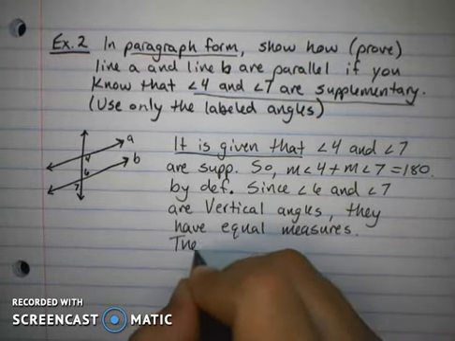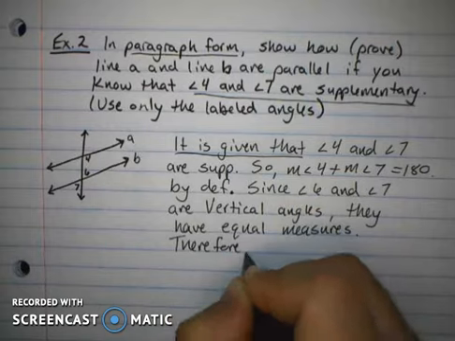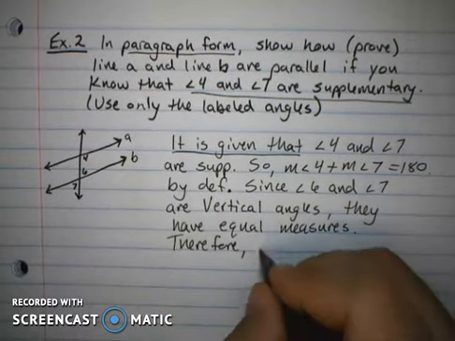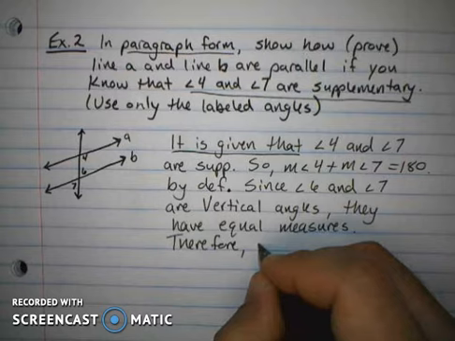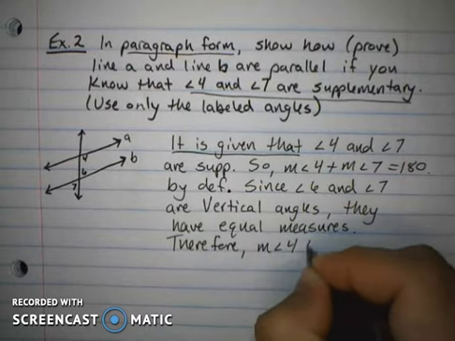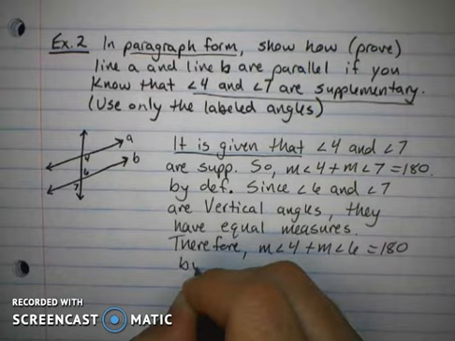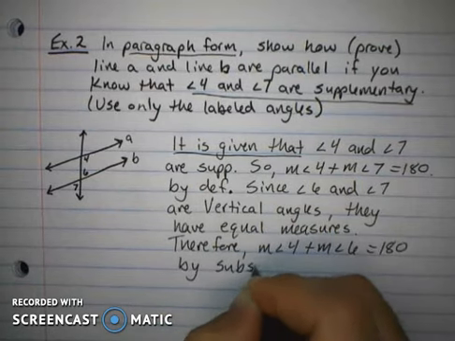We can use the word therefore. Since they have equal measures, and I've used this equation, we can say the measure of angle 4 plus the measure of angle 6 equals 180 by substitution.